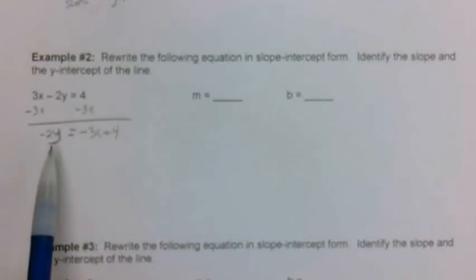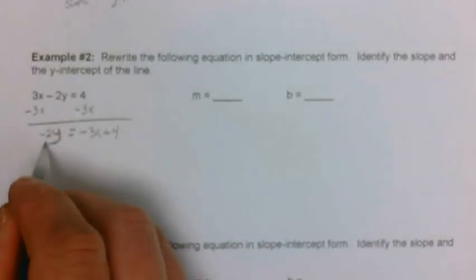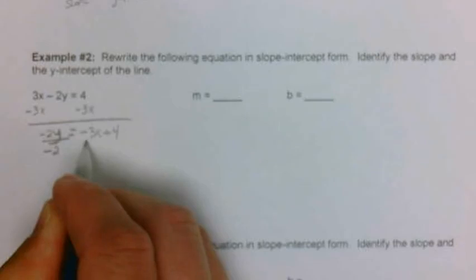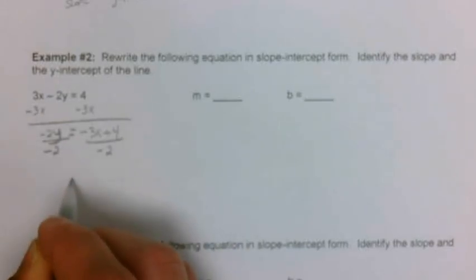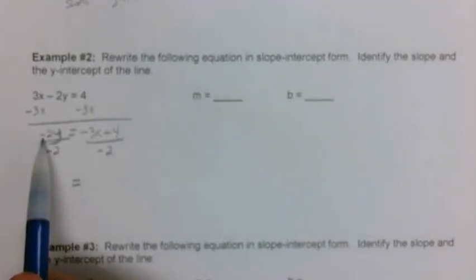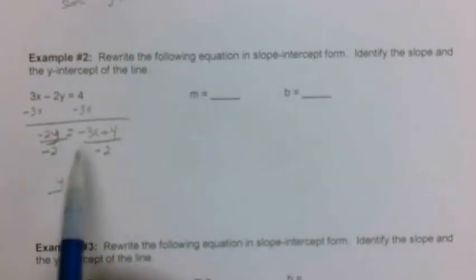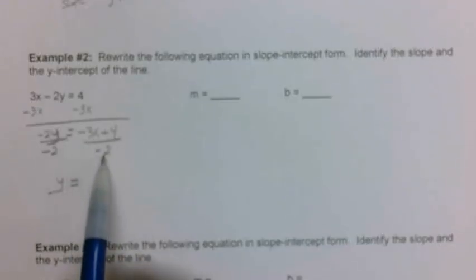But again, we need to get y all by itself. Right now, it's being multiplied by negative 2. So we're going to divide by negative 2 on both sides. And again, bring the equal sign straight down. On the left, negative 2y divided by negative 2 is our positive 1y that we're looking for, y. On the right side, we need to divide both parts by negative 2.